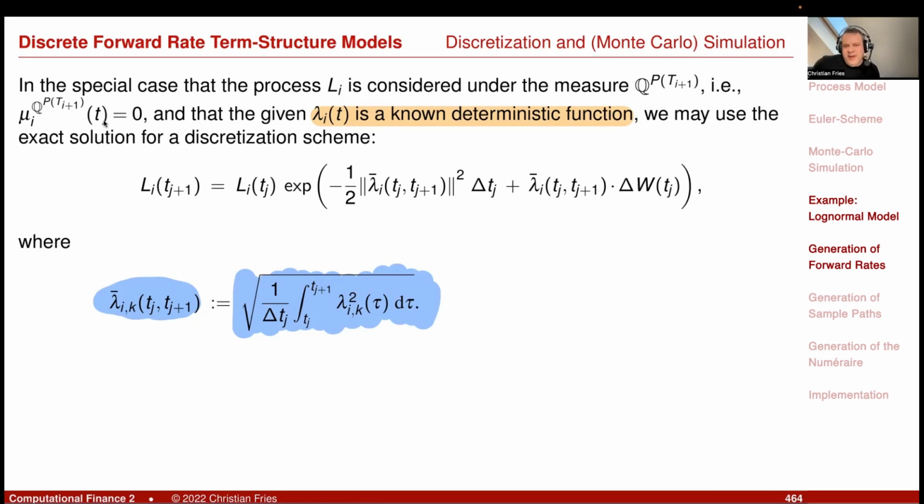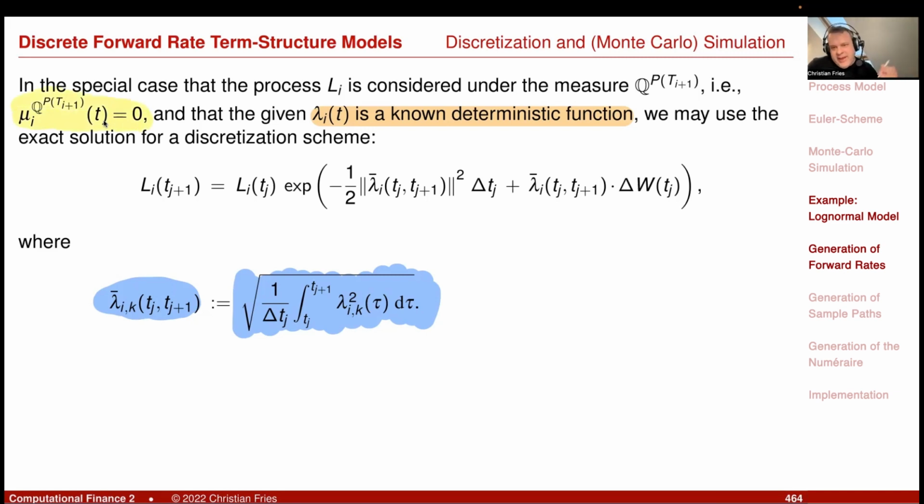So lambda I k bar squared is like the average variance accumulated over that time. If you use this, then this becomes an exact discretization, at least if we have no error coming from the drift.